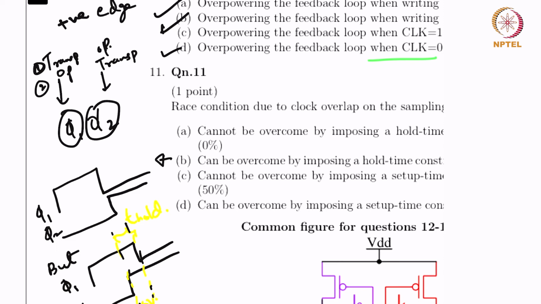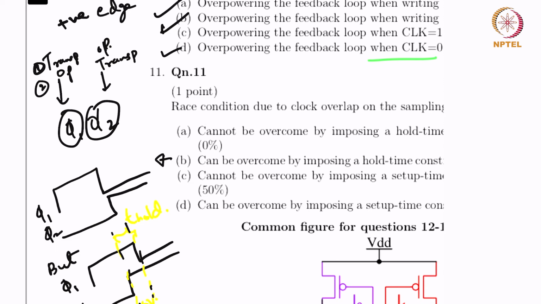So let's say the data is given here to this latch. Now what happens if phi 1 and phi 2 have an overlap here?